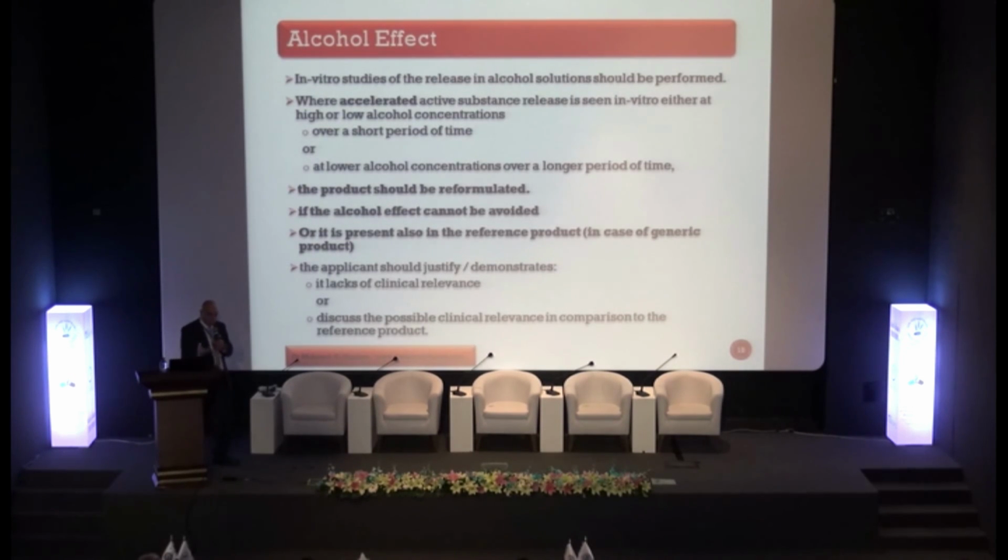Then they sent a letter to say we need to control the alcohol. After long discussions, it has been agreed, and now in the guideline, that you have to test under 0% alcohol, 10, 20, 30, and 40%.